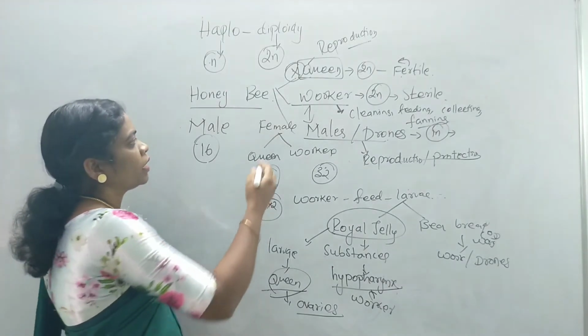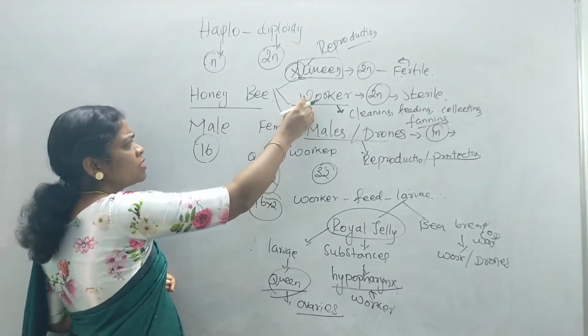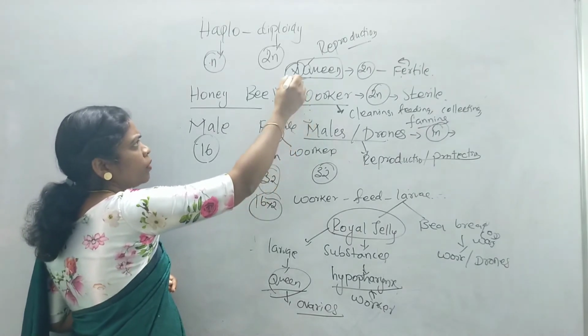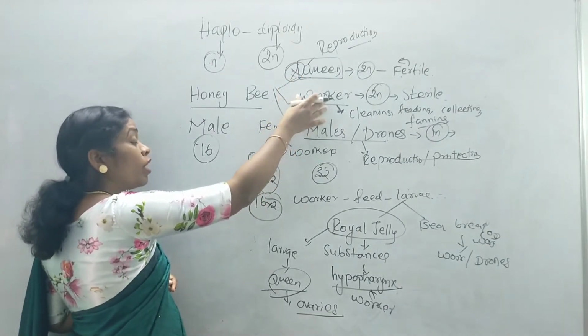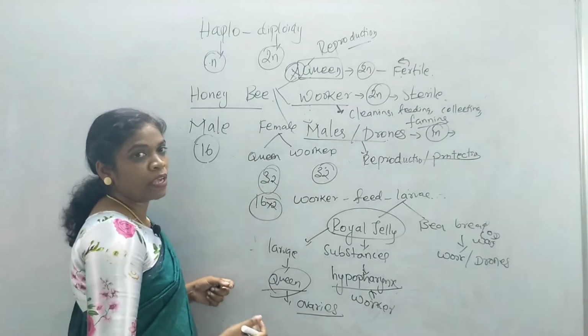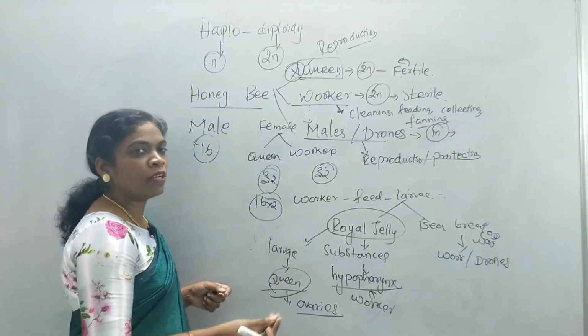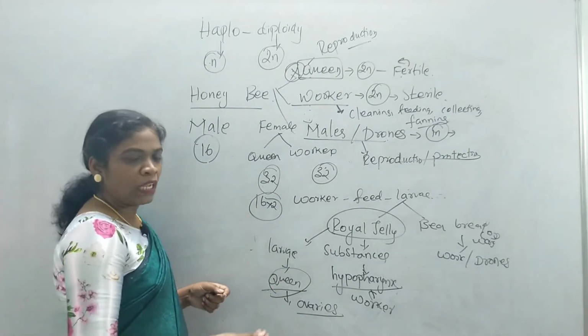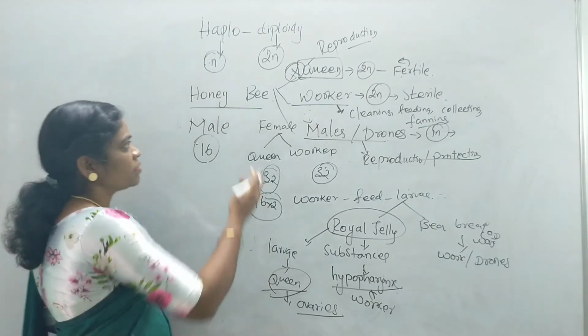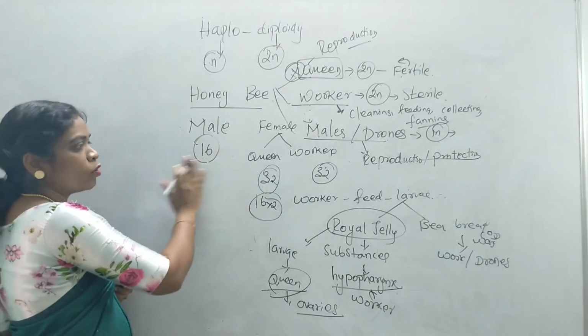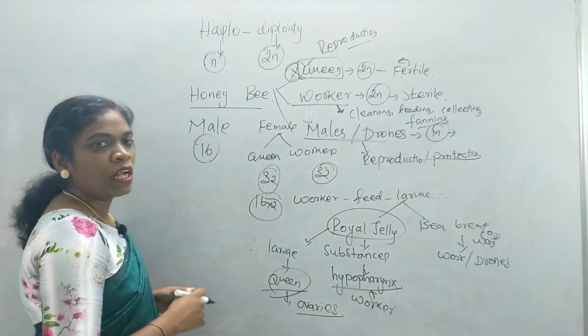Even if the queen bee dies, the worker bees will not turn into a queen bee. Instead, they make one of the larvae become the queen of the beehive. This kind of social behavior is seen only in honeybees.